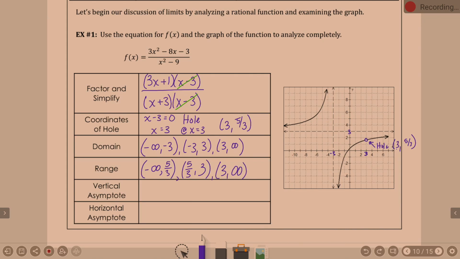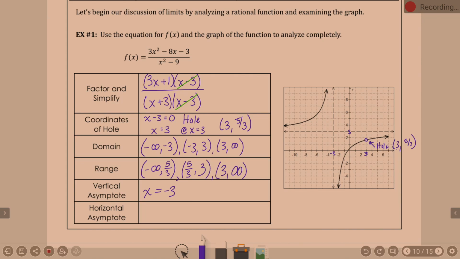Vertical asymptote. Where's the vertical asymptote? Negative 3. If we write the equation for that, vertical asymptotes are x equals. Vertical lines are x equals because they cross through the x-axis. I hope I said -3, but I wrote it.